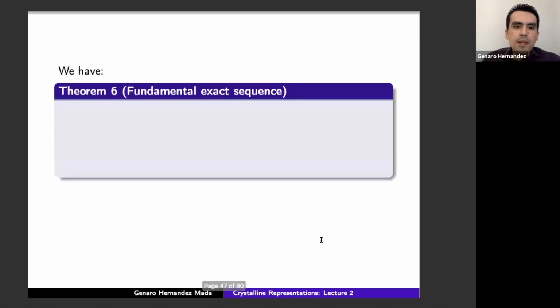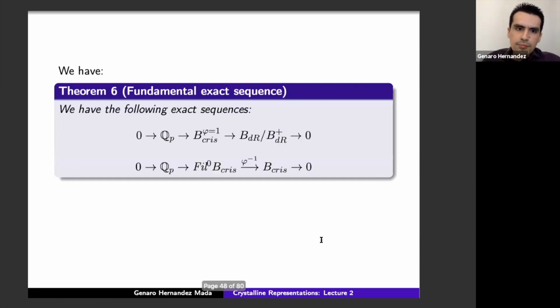Okay, so let me state this important theorem, which is called the fundamental exact sequence. That tells me that I have these two exact sequences. So the elements in B Cris in which Frobenius acts trivially can be mapped to this quotient, and that's actually surjective.